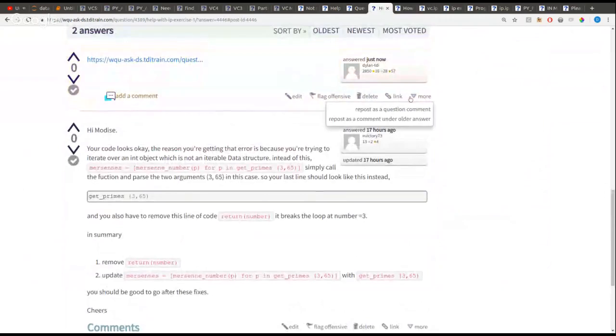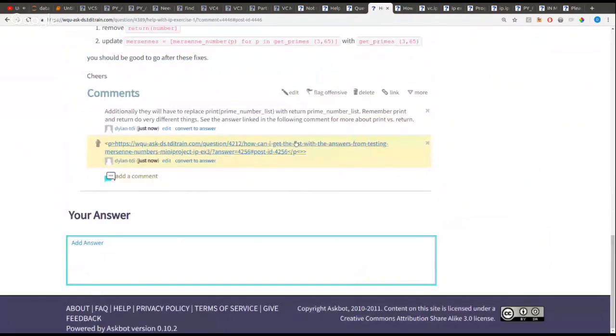There. Now, if I convert to a comment under an older answer, it still adds these characters.